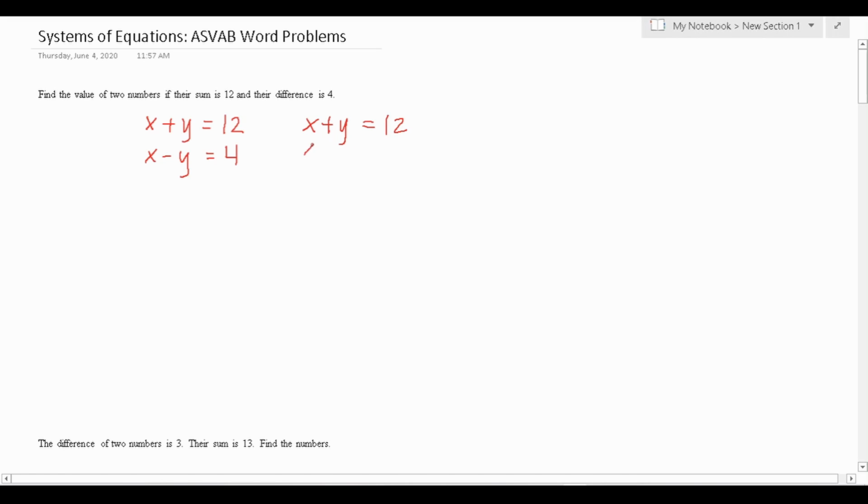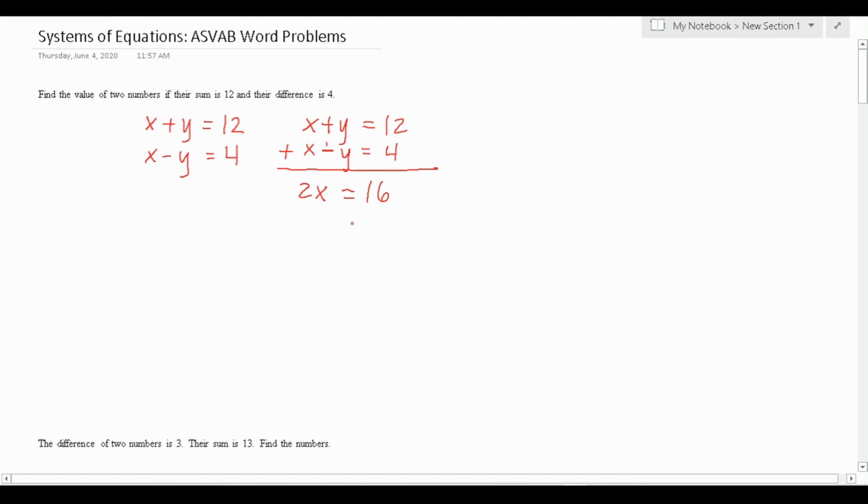And then I'm adding this second equation to it, x minus y equals 4. We'll go ahead and add these two equations together. x plus x is 2x, plus y minus y becomes 0, and then we have 12 plus 4, which is 16.